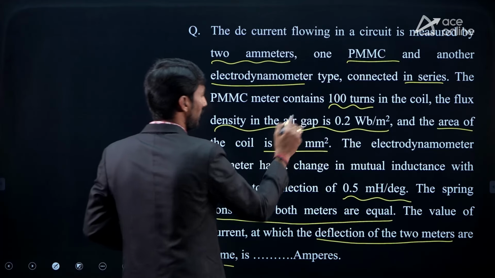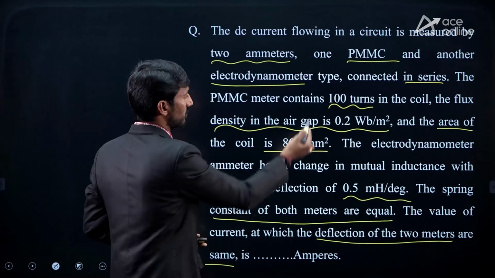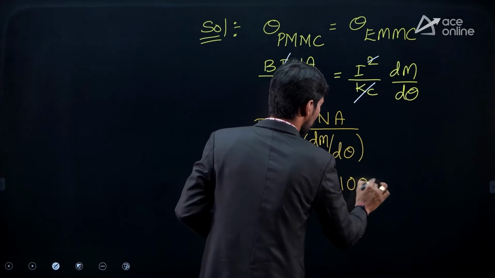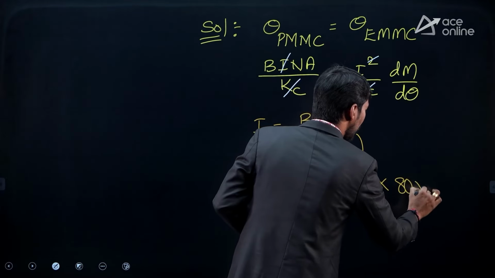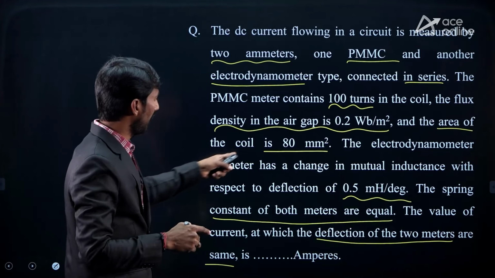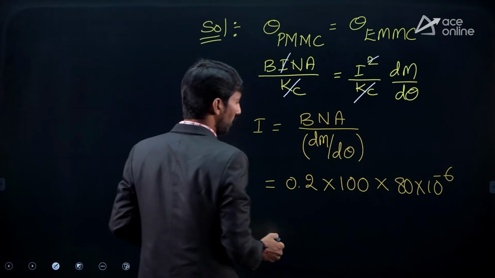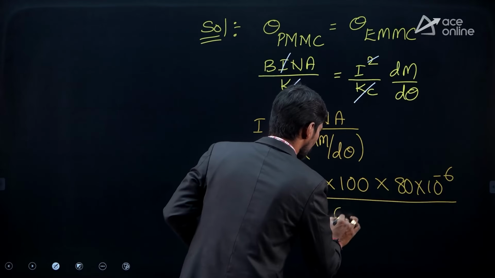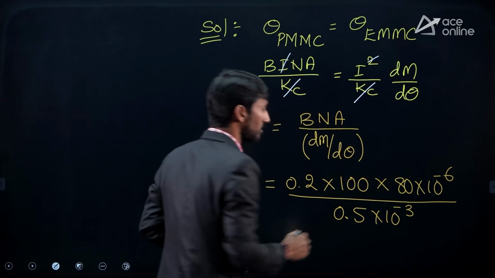B, what is B? 0.2 into number of turns 100 into area 80 mm square, which must be converted into meter square, divided by 0.5 milli, that is 0.5 into 10 power minus 3.